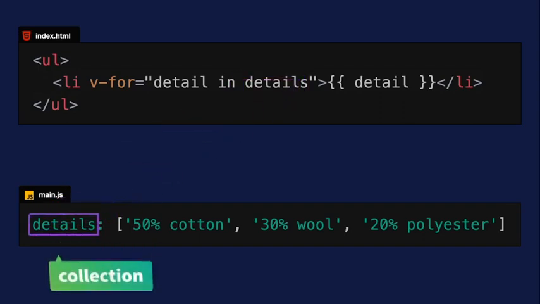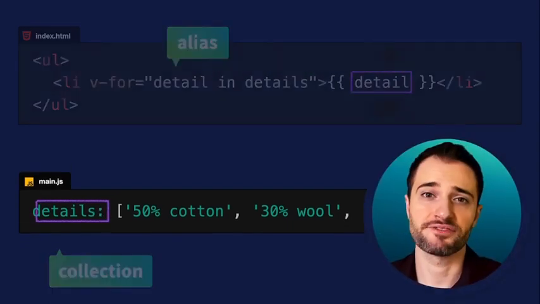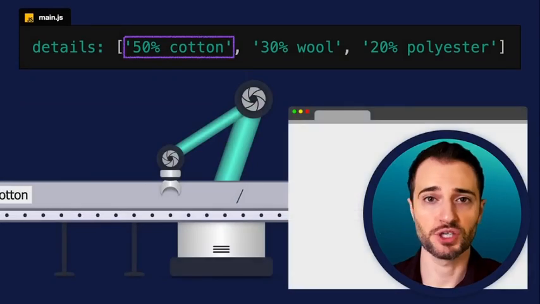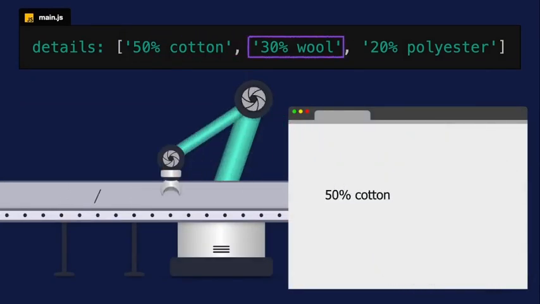This is the collection that we're iterating over. And detail is the alias for the element at the given time of that iteration. And we're printing out each detail as we loop through. So it's kind of like v-for functions like a conveyor belt for looping over and printing out your data, taking each element from your array and rendering it out accordingly.